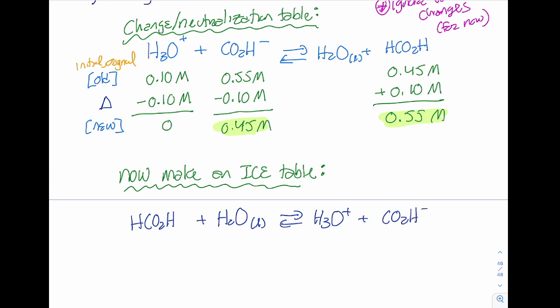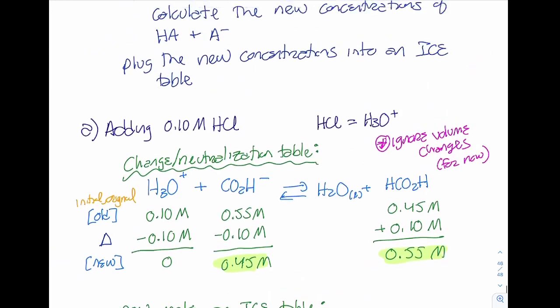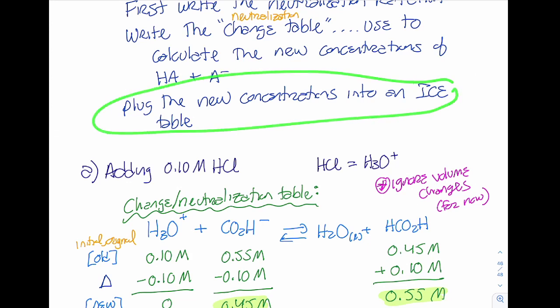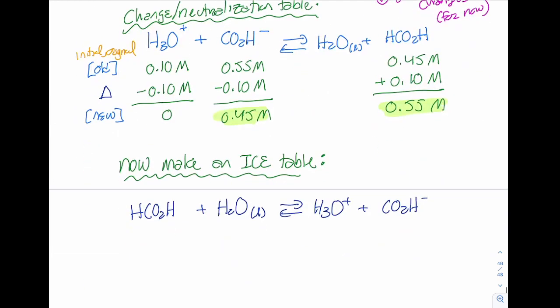And then the initial concentrations that I'm going to use are going to be those new concentrations, right? If we go back to our steps, we're going to use those new concentrations. So I'm still going to write initial, but it's my new ones. And for the ice table, it is my initial because it's not equilibrium.